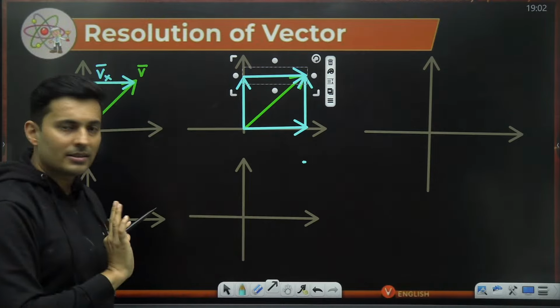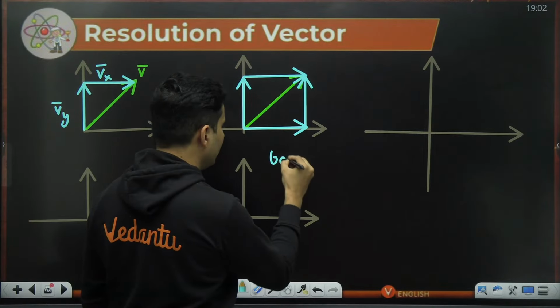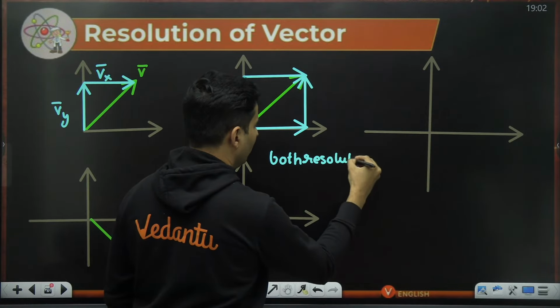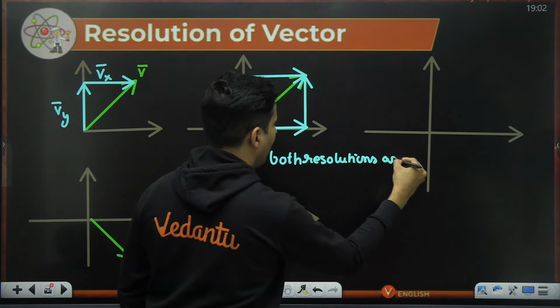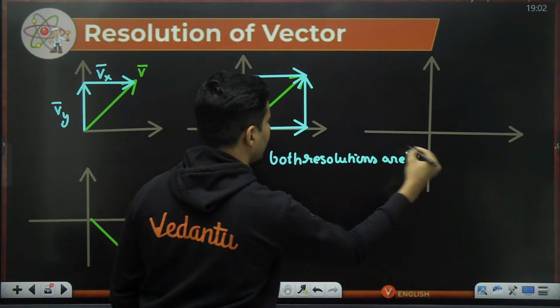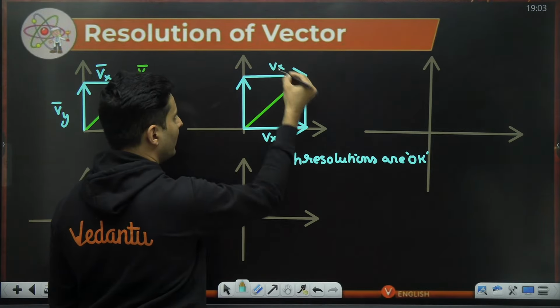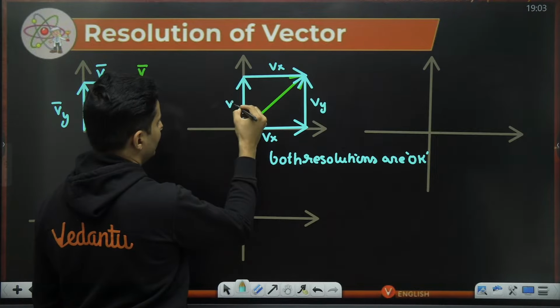Both are fine, guys. Both possibilities, both resolutions are completely okay. There is nothing wrong in it. This is Vx, this is also Vx, this is Vy, this is Vy.